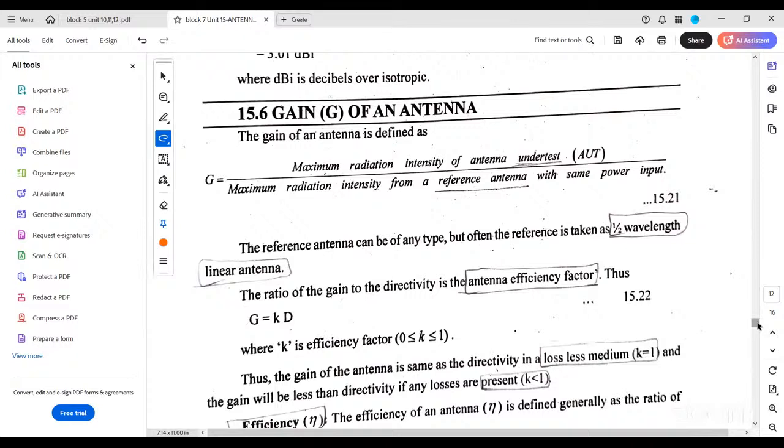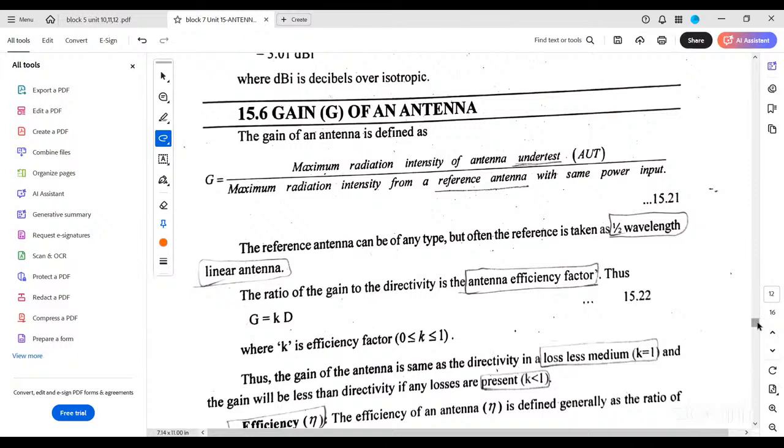For both cases, the input is the same. The numerator is the tested one, the denominator is the reference one. That is called the gain of the antenna.